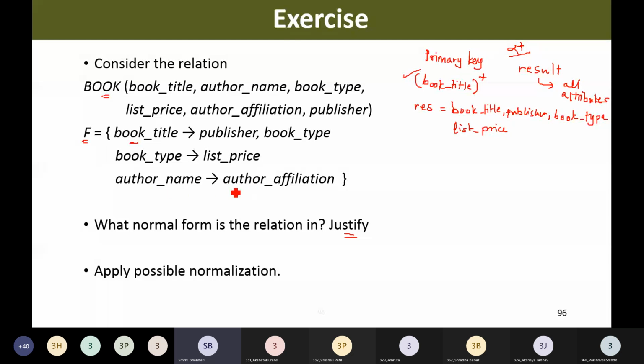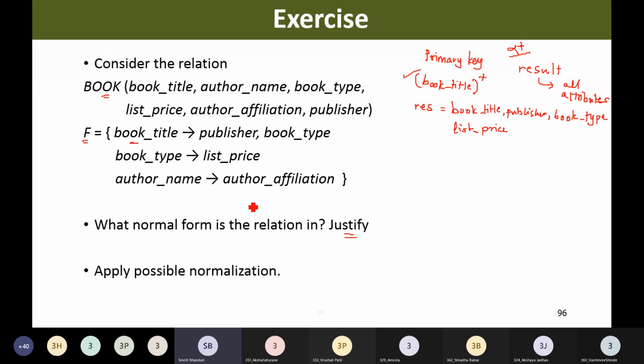Obviously, author name is determining author affiliation, so these two attributes are not present in my attribute closure of book title. Do you agree with me? So book title is not determining all the attributes in the relation.